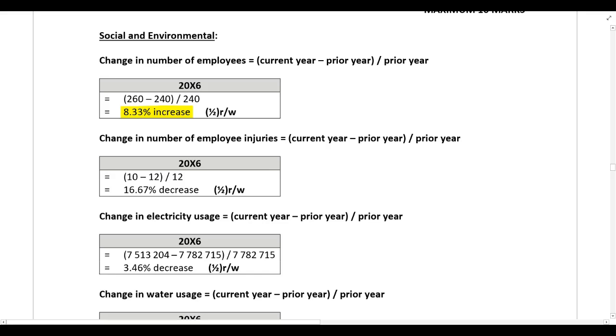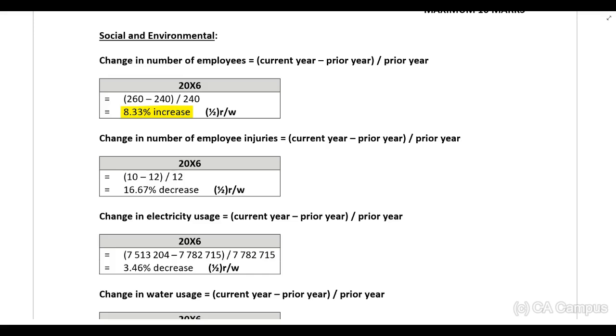So that's great. Next, we need to give a possible reason. Now remember, 90% of the time the reasons come from the question, 10% of the time they are general comments. Now, there's no information provided in the scenario. There's nothing we can use which can be a reason as to why the number of employees increased from the prior year to the current year.